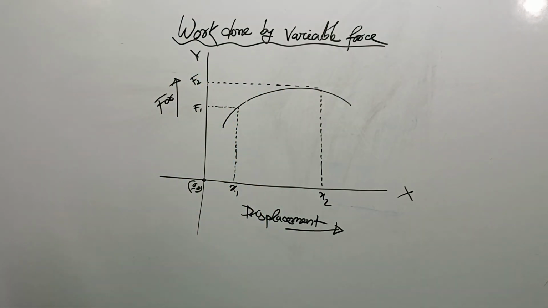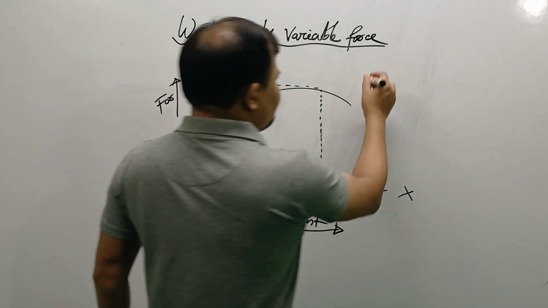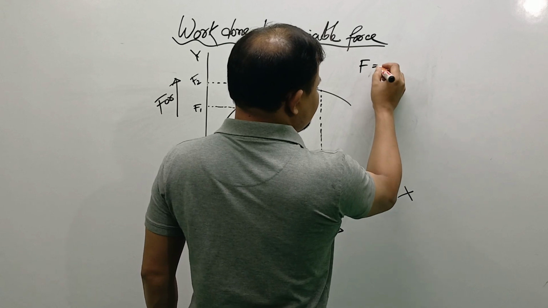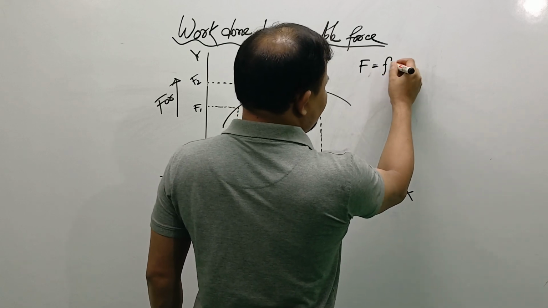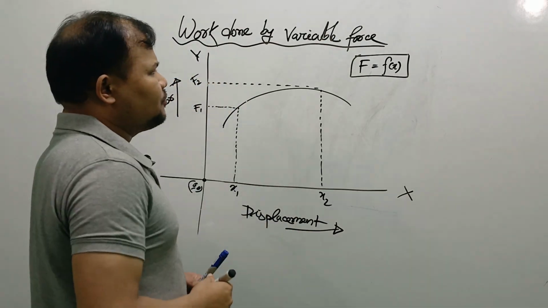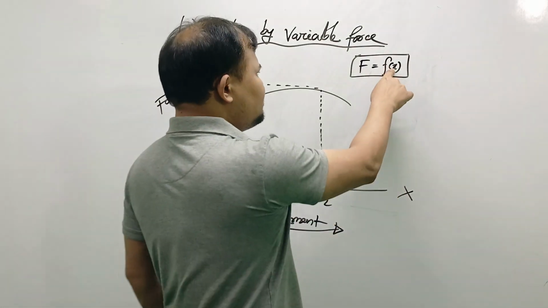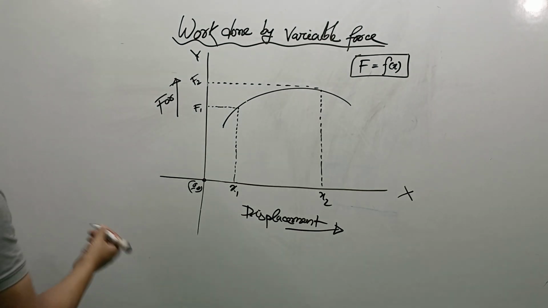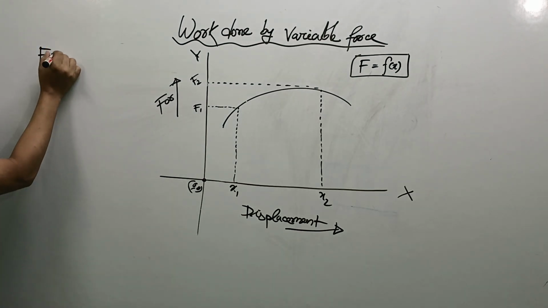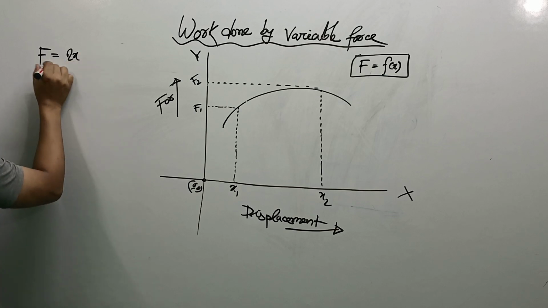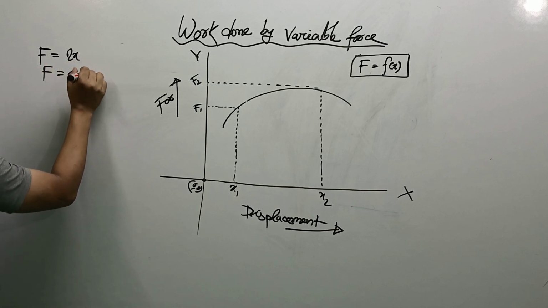Here we can see force versus displacement is a function. After putting the value of the displacement, we get the force. Suppose we can write this equation this way: F is equal to 2x, or F is equal to 4x.